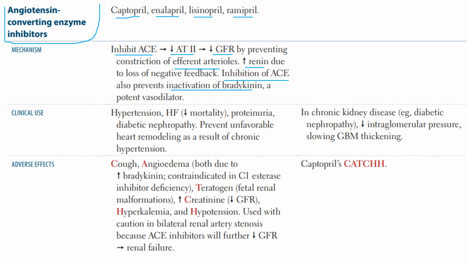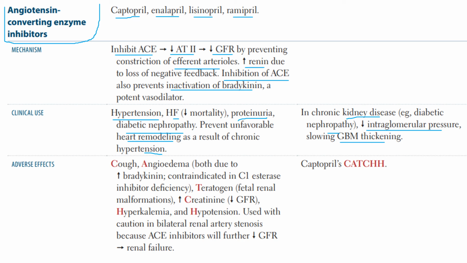It is clinically used in hypertension, heart failure, proteinuria, and diabetic nephropathy. It also prevents unfavorable heart remodeling as a result of chronic hypertension. In chronic kidney disease, for example diabetic nephropathy, it decreases intraglomerular pressure by slowing glomerular basement membrane thickening.